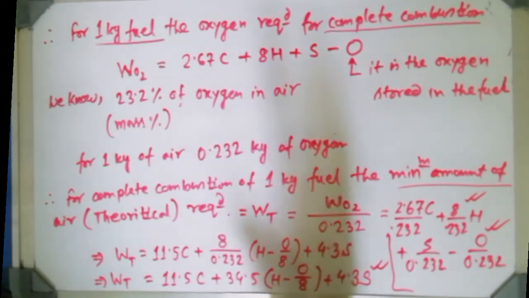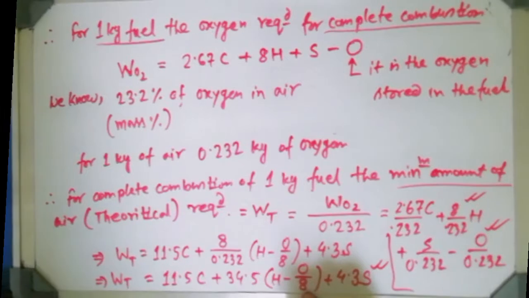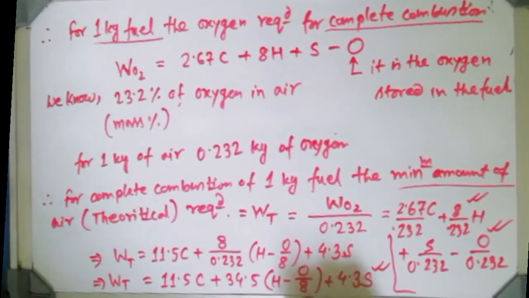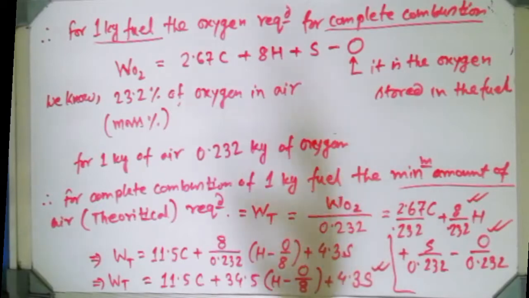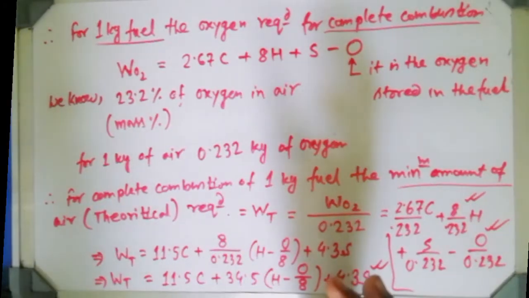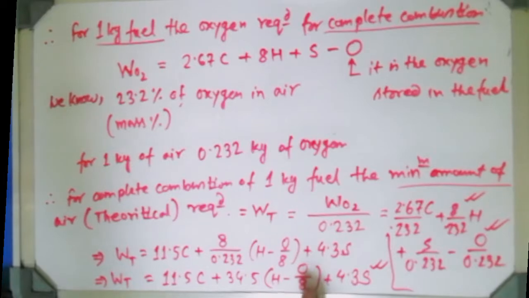If you subtract them, H minus O by 8, that expression gives you the left out hydrogen which is to be burned by the air. Obviously the H amount is higher than O by 8, so some leftover hydrogen will remain inside the fuel, and that leftover hydrogen will be burnt by our supplied air.